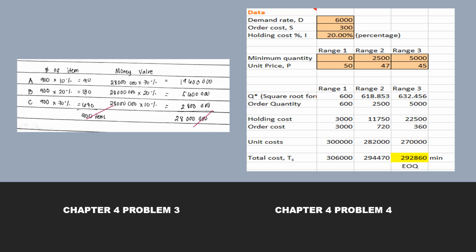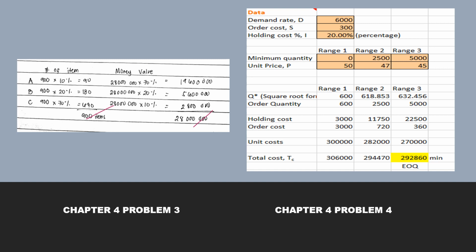For price range 2, the order quantity will be 2,500. The holding cost will be 11,750 and the order cost is 720. Then we just add the unit cost of the inventory at 47 pesos.